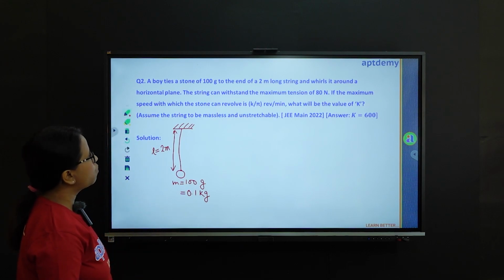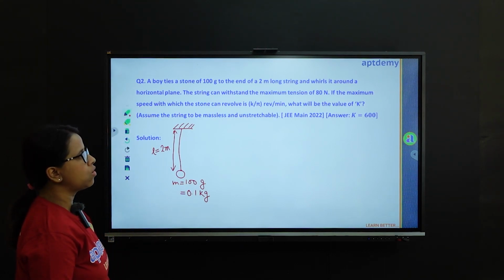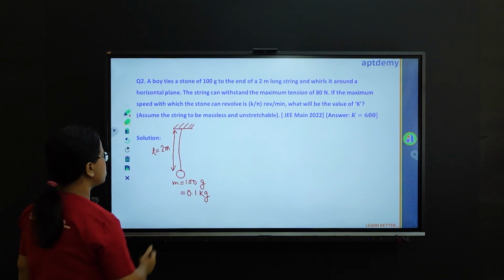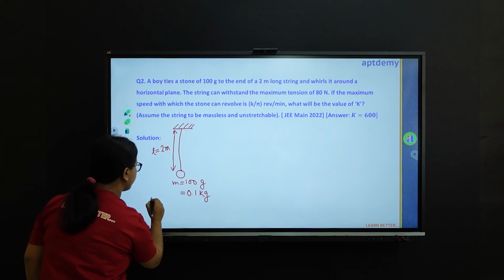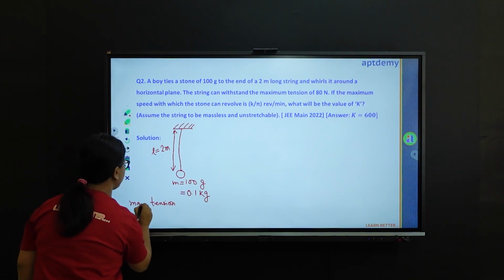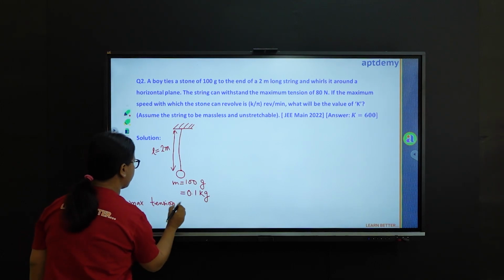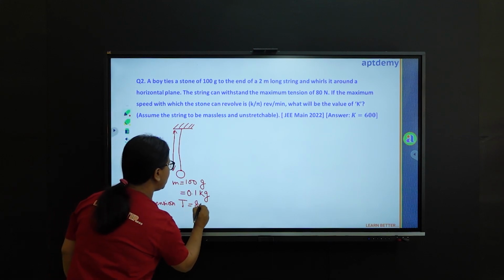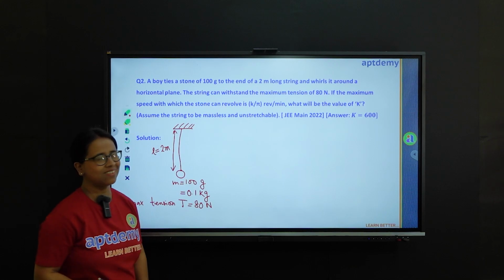This string can withstand the maximum tension of 80 Newton. After that, the string will break off. So we have tension, not stress of course, the maximum tension in the string. T is equal to 80 Newton.